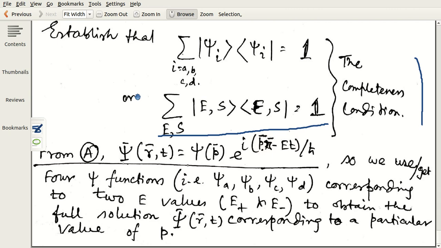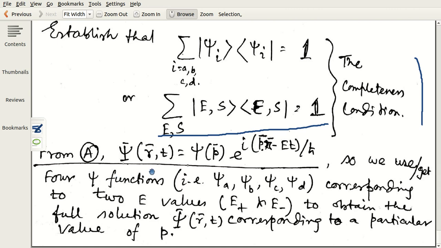Therefore, we have to consider the negative energy solutions along with the regular positive energy solutions. This is a very peculiar outcome of the relativistic theory of the electron, a very peculiar outcome of the Dirac equation.